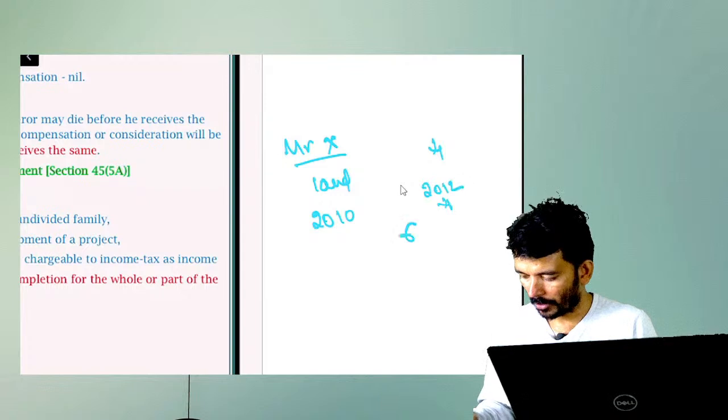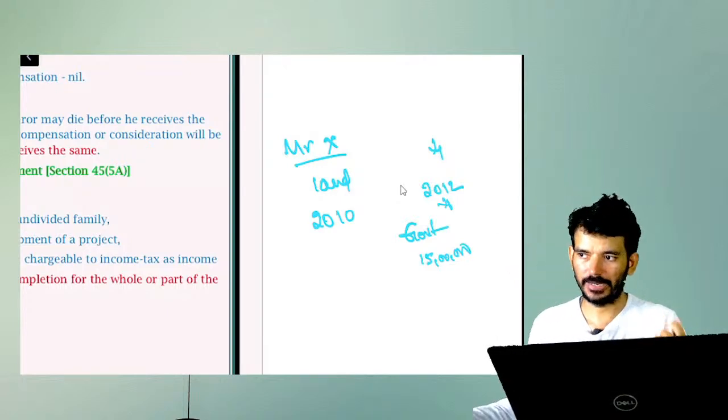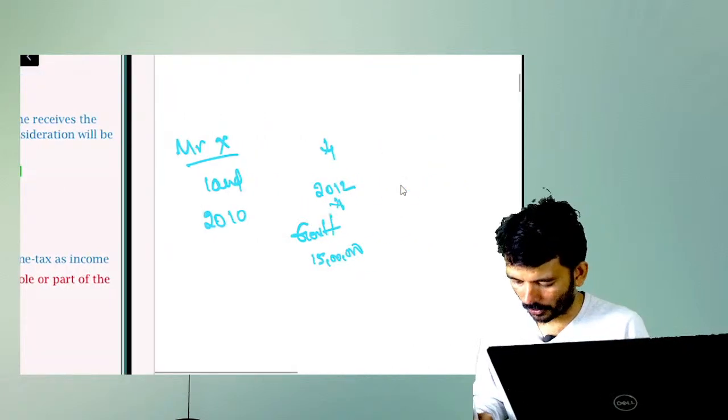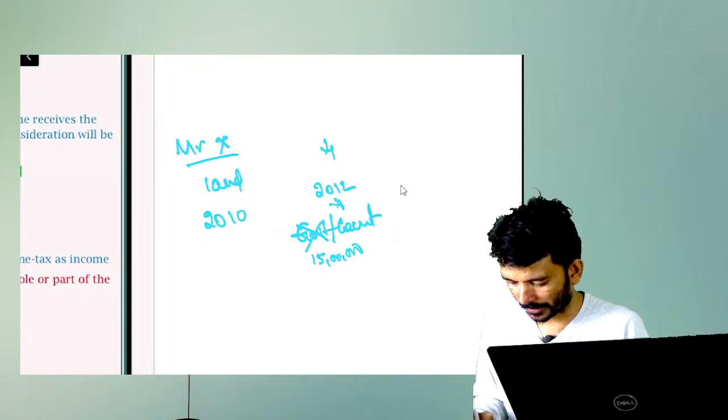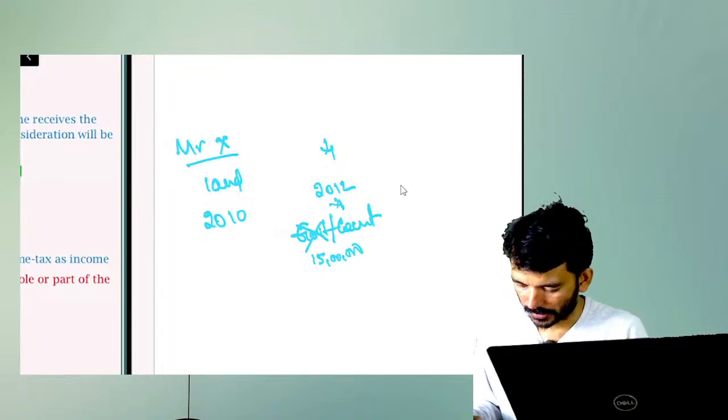In 2012, government declared 15 lakh as compensation. For 2 years they fought, they held dharnas and everything, but still the government is not paying. Then the court declared 15 lakhs as compensation or enhanced compensation.